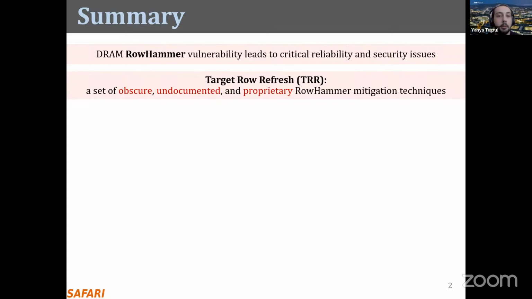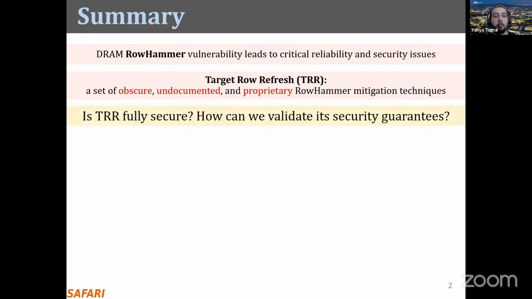However, target row refresh is an obscure, undocumented, and proprietary RowHammer mitigation technique. Due to its proprietary nature, its security guarantees are not proven and cannot be easily studied. Therefore, in this work, we try to answer these questions.